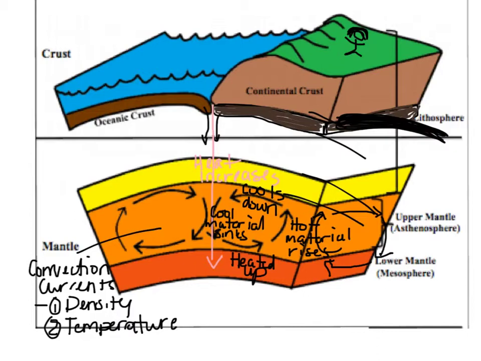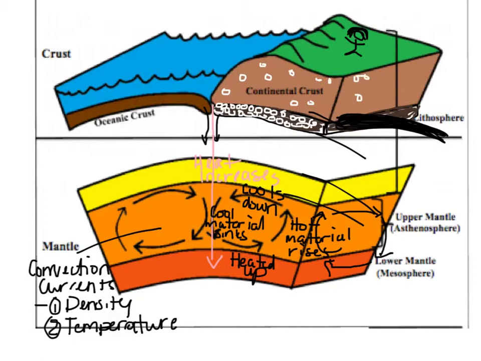So I want you to take a look at one more factor here and go ahead and draw this in. If our oceanic crust is more dense than our continental crust, I want you to draw it in with your particles. So you've got particles maybe closely packed together on the oceanic crust, as opposed to maybe loosely packed for the continental crust, and I'm going to draw this as an extreme.